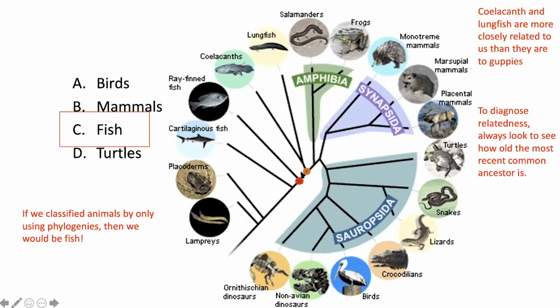And so for lungfish and tetrapods, so that's us, it's more recent than the common ancestor for lungfish and coelacanths compared to the rayfin fish. So that's always bizarre. So if fish are a monophyletic group, then we're fish, and we are more closely related to some fish than other fish are to those fish. So I hope that wasn't too confusing, but definitely take a look at this phylogeny. And I remember when I learned about this in undergrad, it kind of blew my mind.